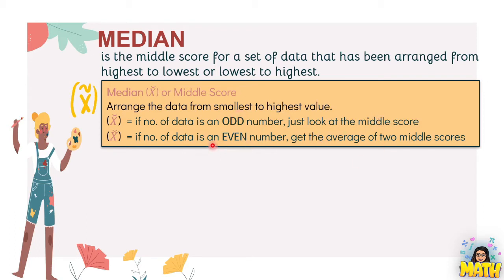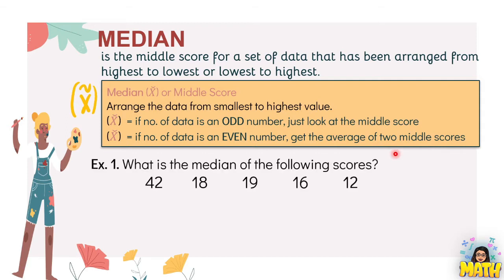While if the number of data that we have is an even number, let's say 10, 20, 50, 100. Once we have arranged that from smallest to highest, we can see that we will have two middle scores. And to find the median for that, we simply need to get the average of the two middle scores. Let's have an example. What is the median of the following scores?